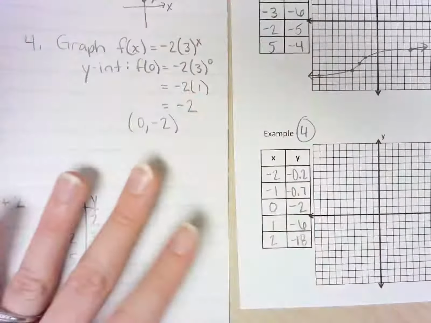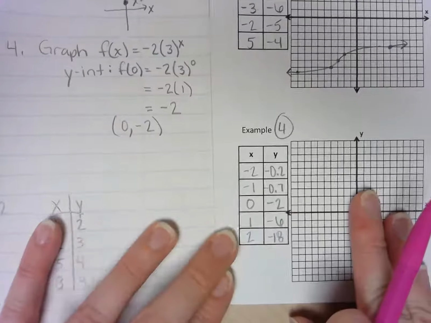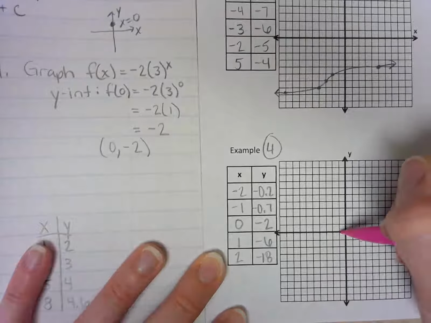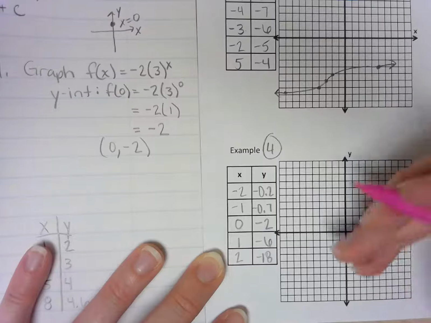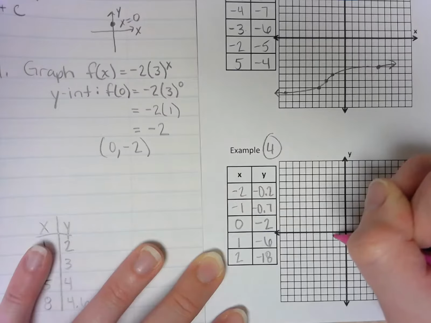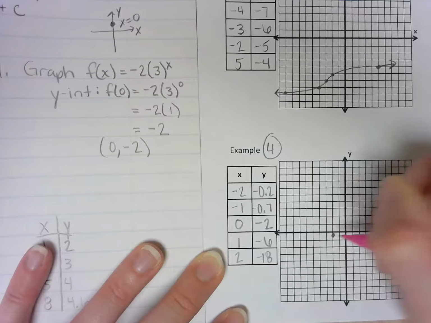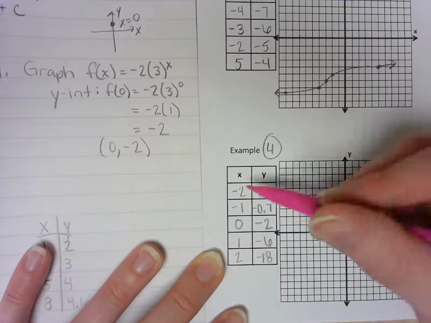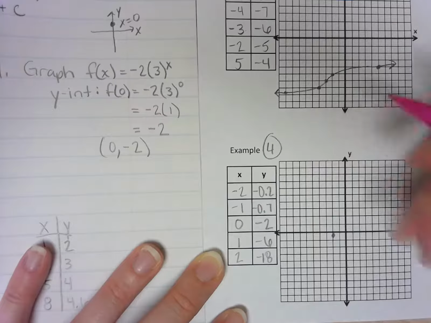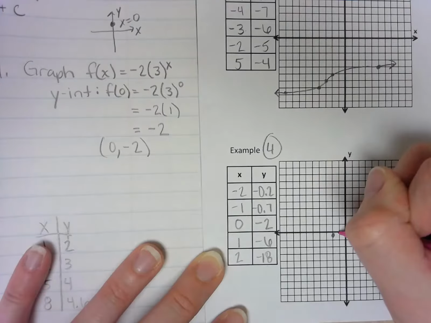So let's take a look at what this graph would be. So -2, -0.2. So it's just barely below 0. So -2, -0.2 is barely below 0 there when you graph it on the coordinate plane. So now we have -1, -0.7. -0.7 is a little bit more than half.